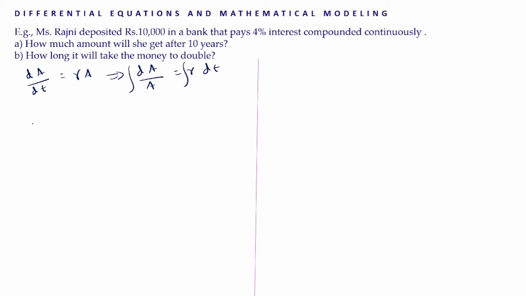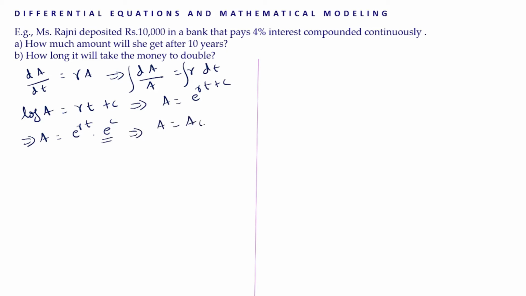If we integrate both sides, we get log A is equal to RT plus C, or A equal to e raised to RT plus C. From this we have A equal to e raised to RT into e raised to C. This e raised to C is A naught. So A is equal to A naught into e raised to RT.